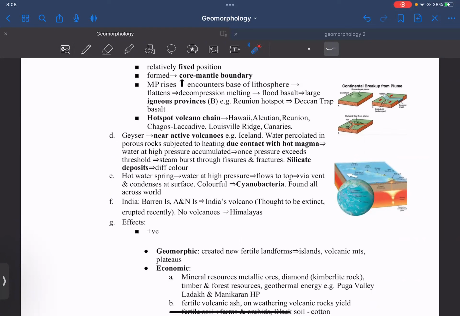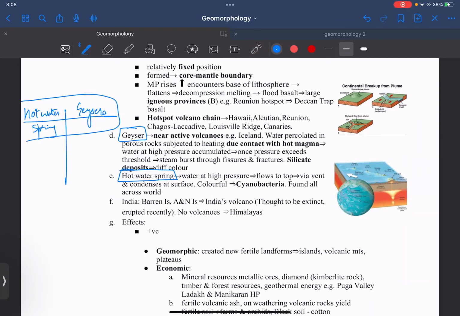Now comes the next topic, geysers. The next type of landforms which are created are geysers and hot water springs. Just need to remember a few basic differences between geysers and hot water springs. See what is happening. These are rocks, and this is a water body.